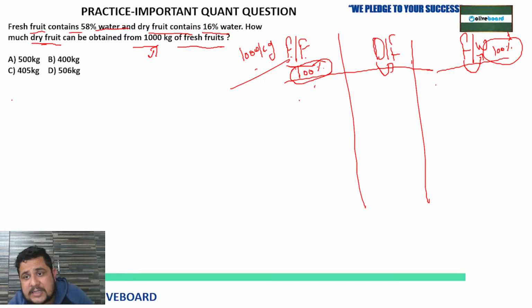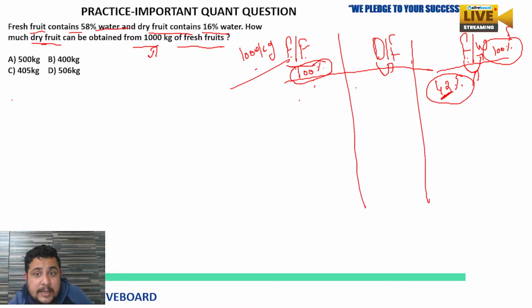So 100 minus 58 means 42% part will be fruit without water. 42% from 100%, because 58% is water. If we remove all the water, then there will be the quantity without water.